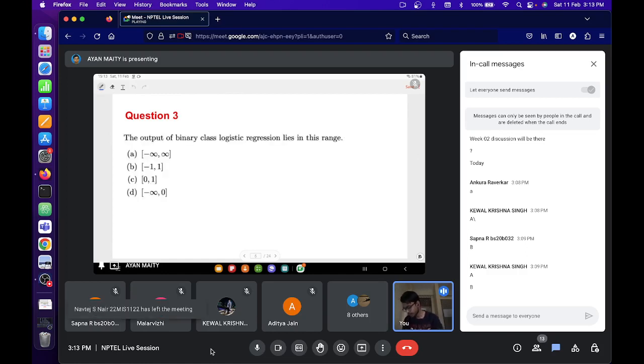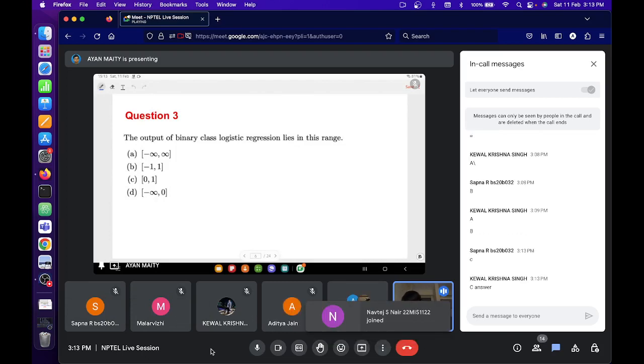So let's come to the third problem. The output of binary class logistic regression lies in this range. There are four options. Which range is correct? Minus infinity to infinity, minus 1 to 1, 0 to 1, minus infinity to 0. So Keval and Sapna have written C, which is 0 comma 1.